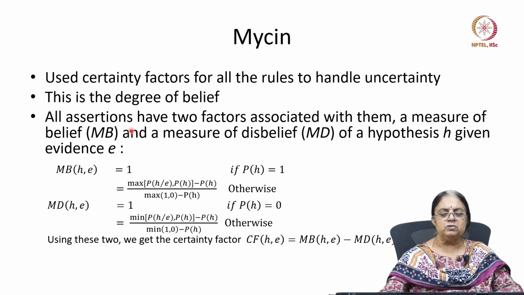You use the measure of belief and the measure of disbelief, and you take them and combine them together to get the confidence factor. So the confidence factor is the measure of belief minus the measure of disbelief, and the whole thing depends on the probability of the hypothesis. So for a particular hypothesis which you are using, what is the probability of that hypothesis?